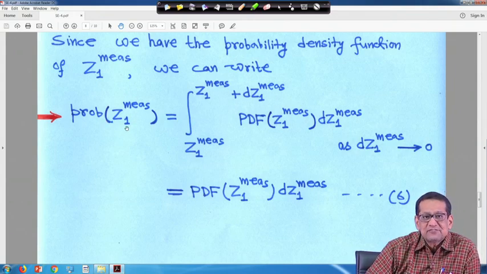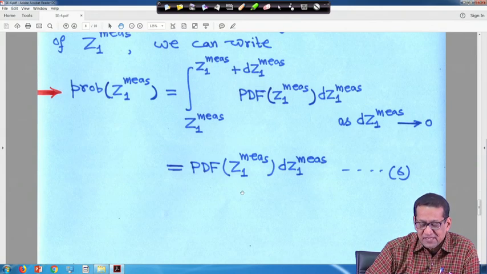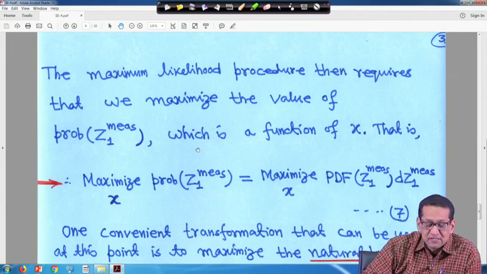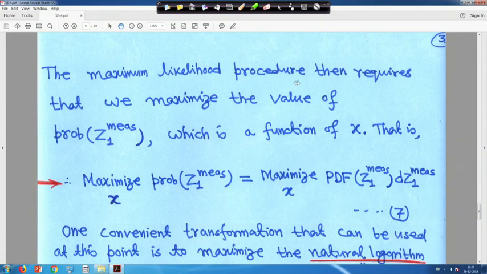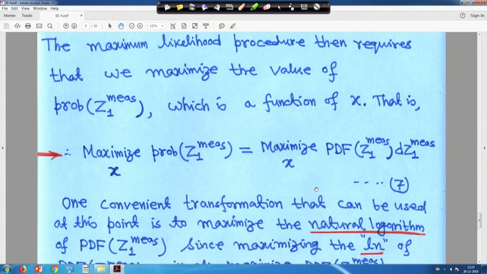We have to maximize this, which is nothing but maximizing PDF Z1 measure, and it is a function of x. That is, maximize the probability of Z1 measure, a function of x, which is equal to maximizing PDF Z1 measure into d Z1 measure, and that is your equation 7.